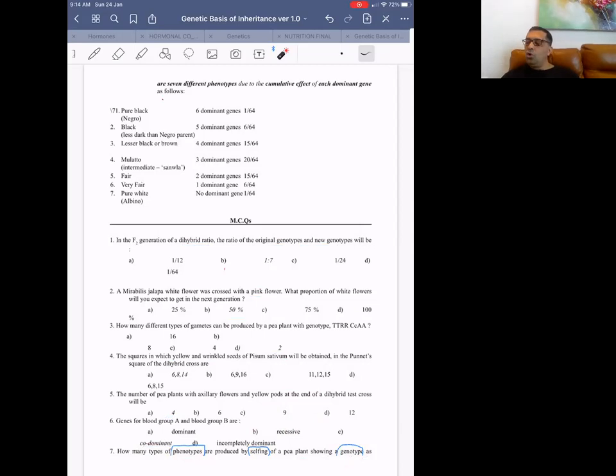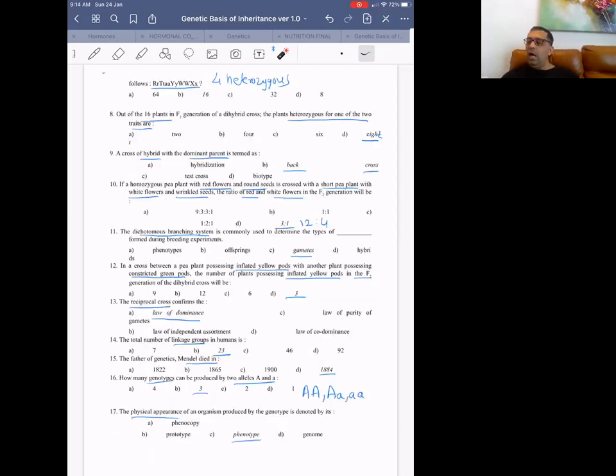That is the rule. So, yahan R is heterozygous. Yahan T is heterozygous. But A is homozygous, small a. Y is heterozygous, capital Y, small y. But W is homozygous, capital W, capital W. X is heterozygous, capital X, small x.